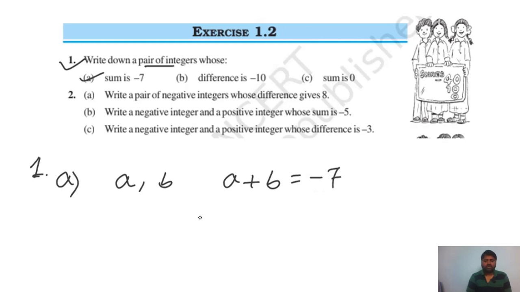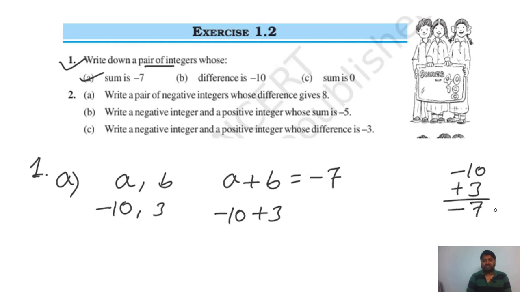So here we can choose -10 and 3. Here we know that -10 plus 3, because 10 is greater than 3, the sign of -10 is used here. Therefore we use the sign minus, because the sign of 10 is minus. So we do 10 minus 3, this is 7, we get -7.